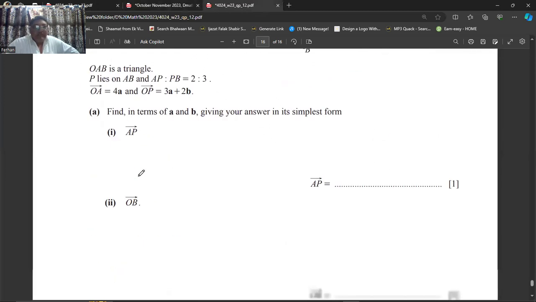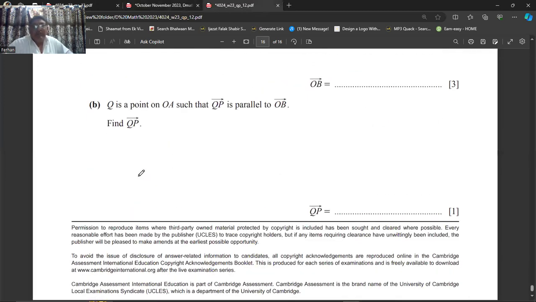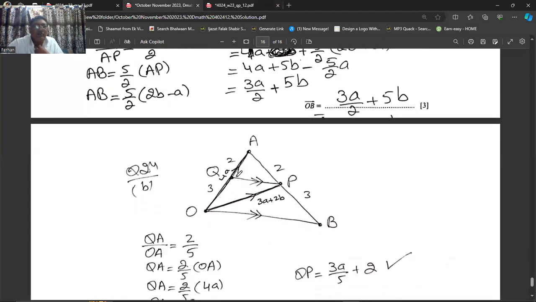Okay. Then we have the tricky part. Q is a point on OA such that QP is parallel to OB. Find the QP. He says Q is a point somewhere here such that this QP line is parallel to OB.